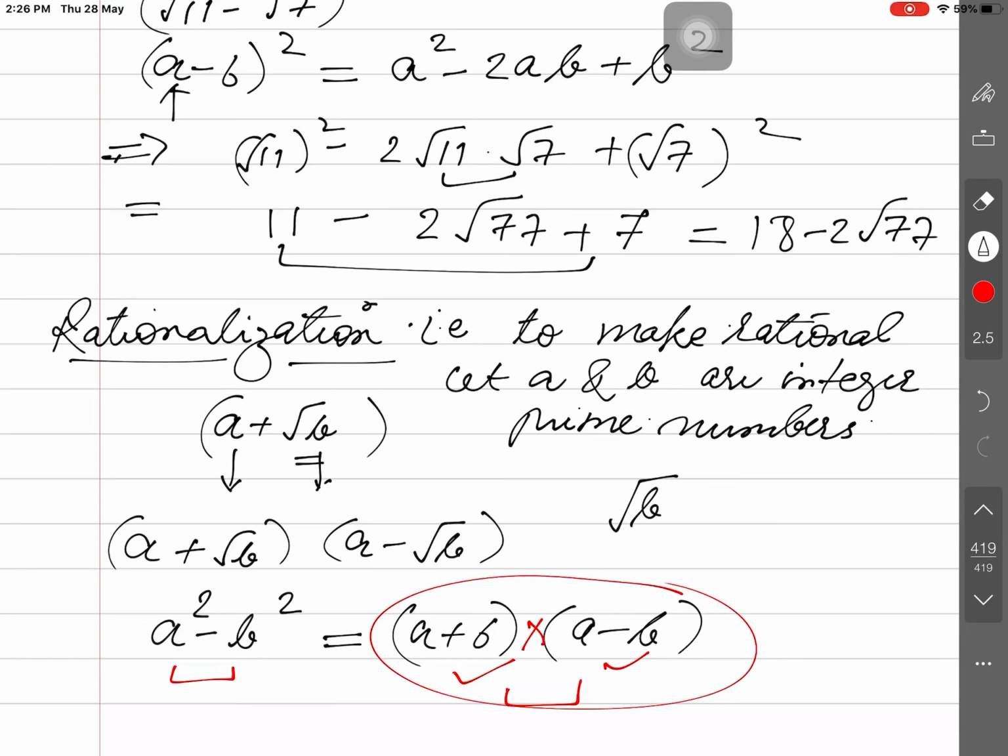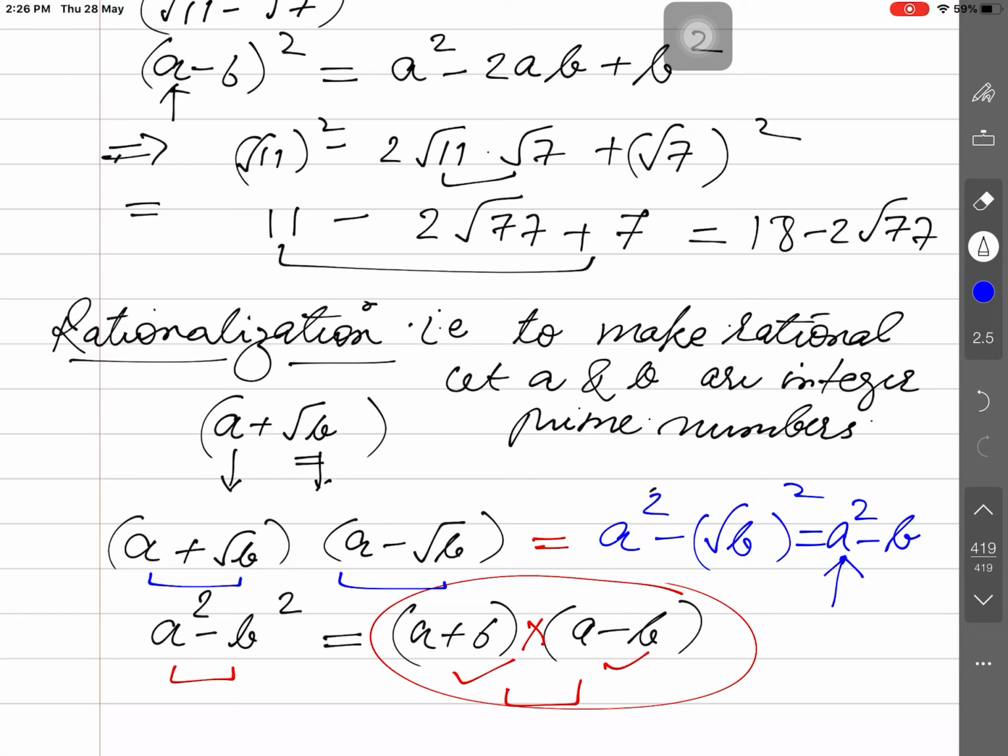Is that clear or not? Listen again. If a plus b and a minus b occur together, they can be written in the form of a square minus b square. The same pattern we are observing here, so I can write this expression as a square minus root b whole square, which is a square minus b.